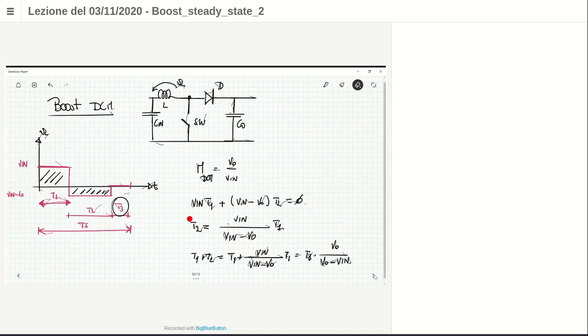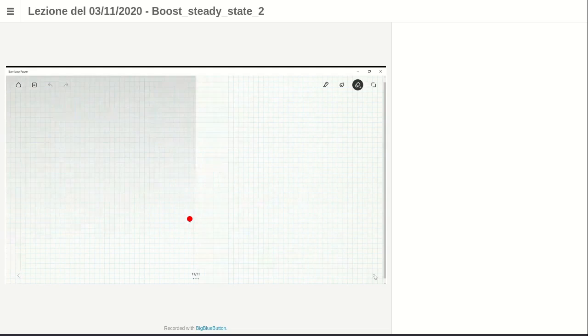I hope that you can follow me, because I have the usual problem with my pen. Sorry, but I think that this is a structural problem of my report. Okay, so then you can get this expression for T1 plus T2 that we can use later.